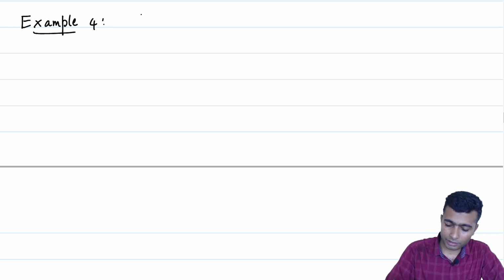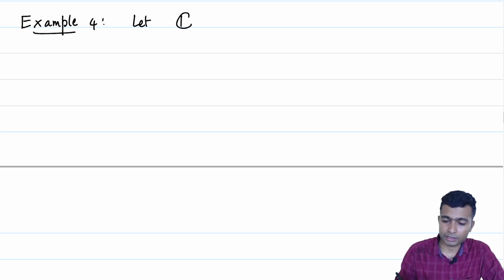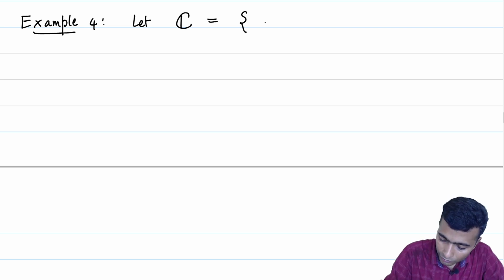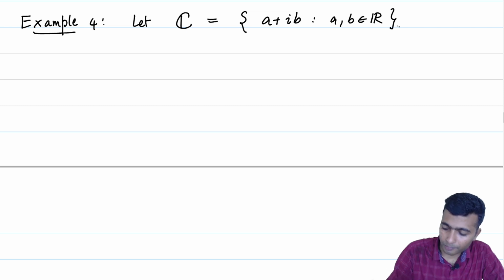You might be familiar with the set of complex numbers. Let me denote that set by C. So our vector space V is what is being denoted here by C. This is the set of all a plus ib, where a and b are real numbers.